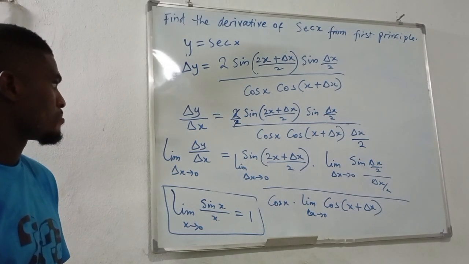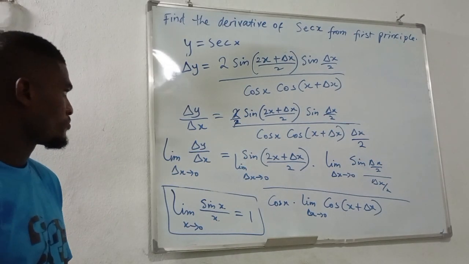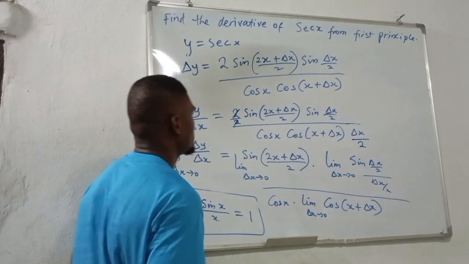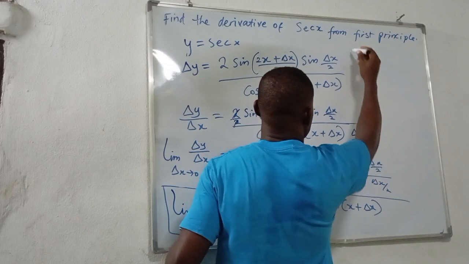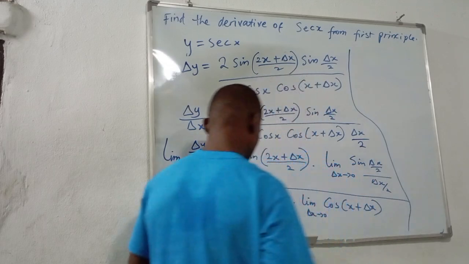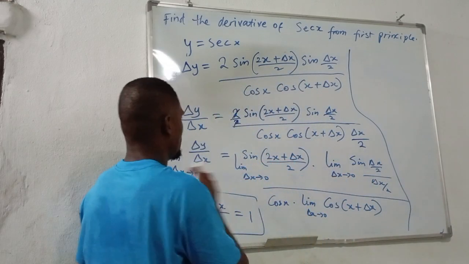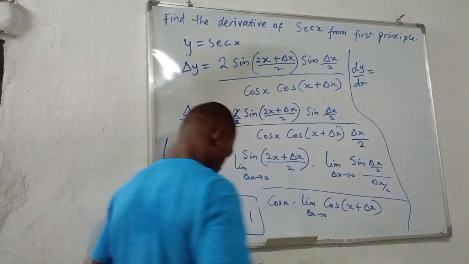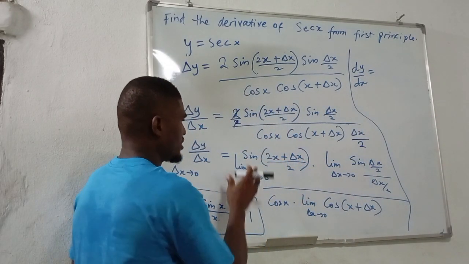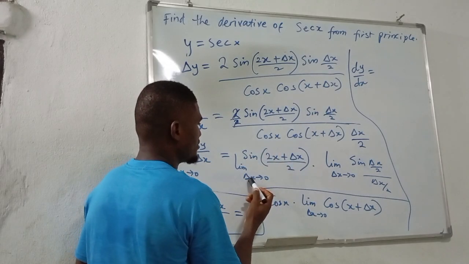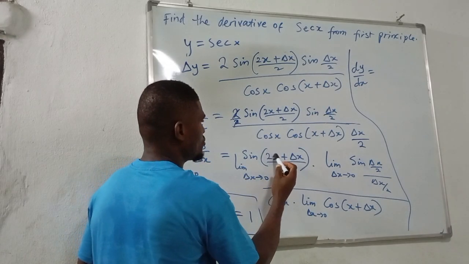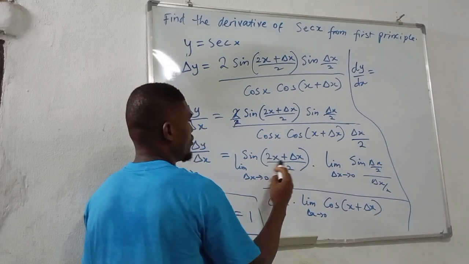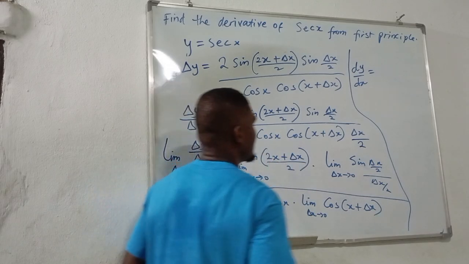So the limit of this is going to give us dy dx, so dy dx equal to the limit of this, when you insert dx as 0, this will be 2x plus 0 divided by 2. So this becomes 2x over 2, which is sine x.